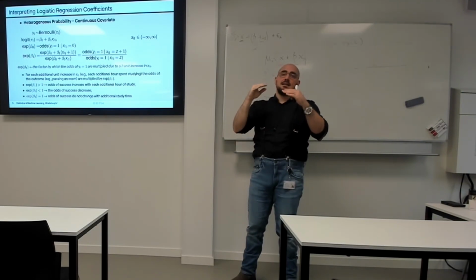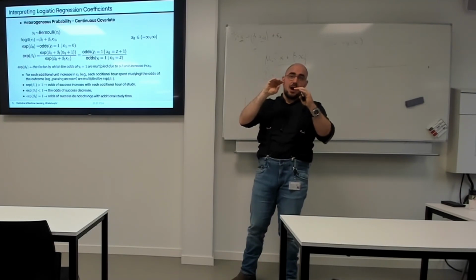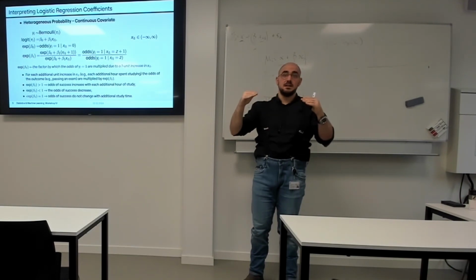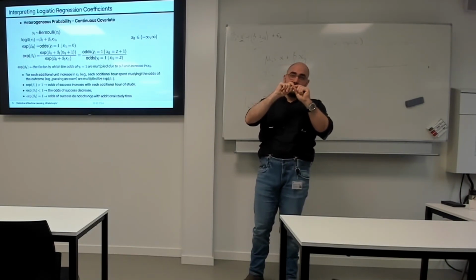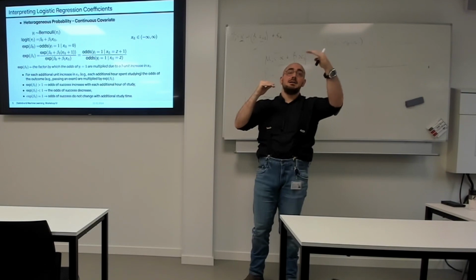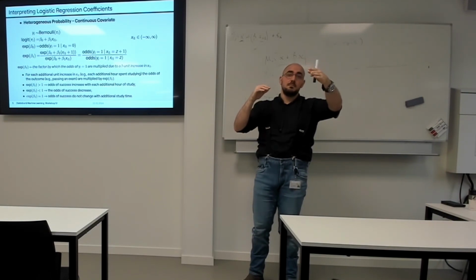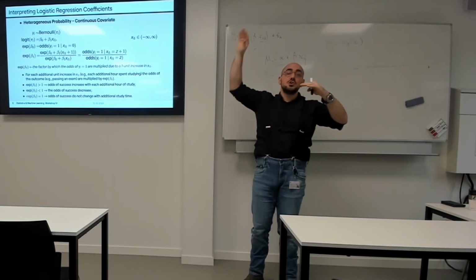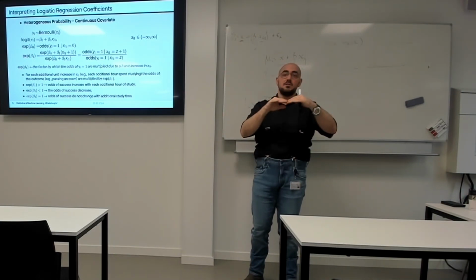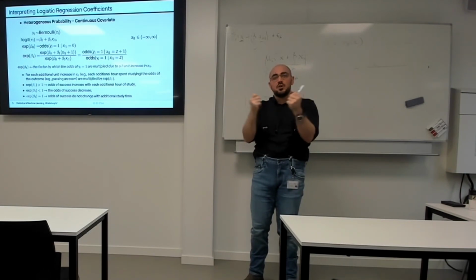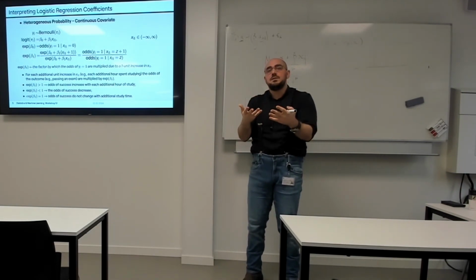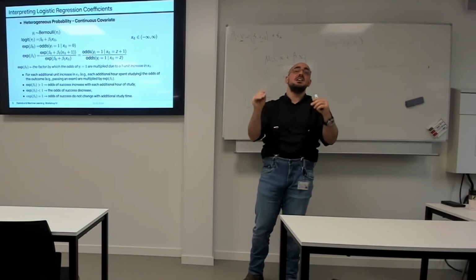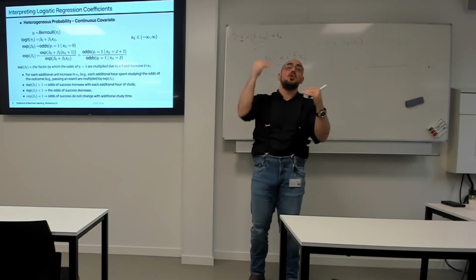And the odds are a multiplicative quantity, not a linear quantity, which means if you already have a high probability of voting for Trump and you multiply it by a large number, you'll get a larger number than if you had a lower probability of voting for Trump. Because we're on the odds scale, the effect of the extra gun is non-linear on the probability. It is linear on the log odds, but non-linear on the probability.